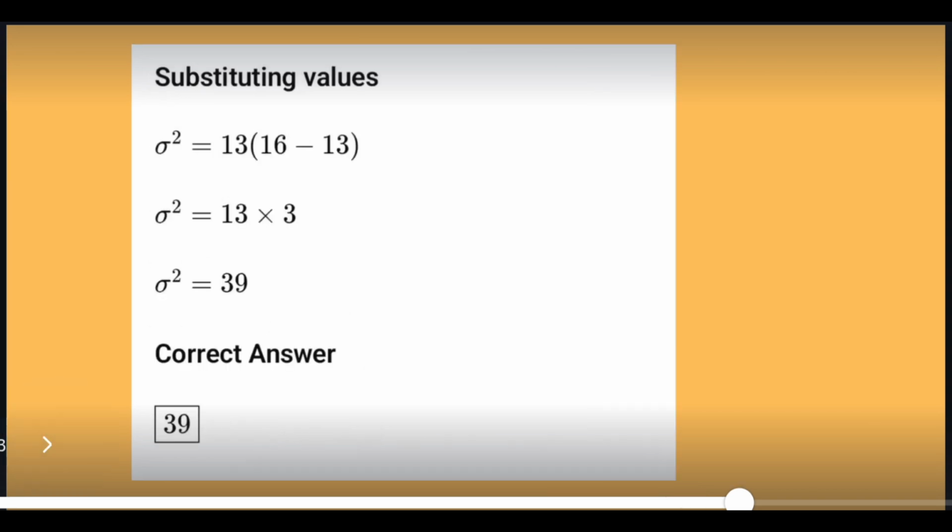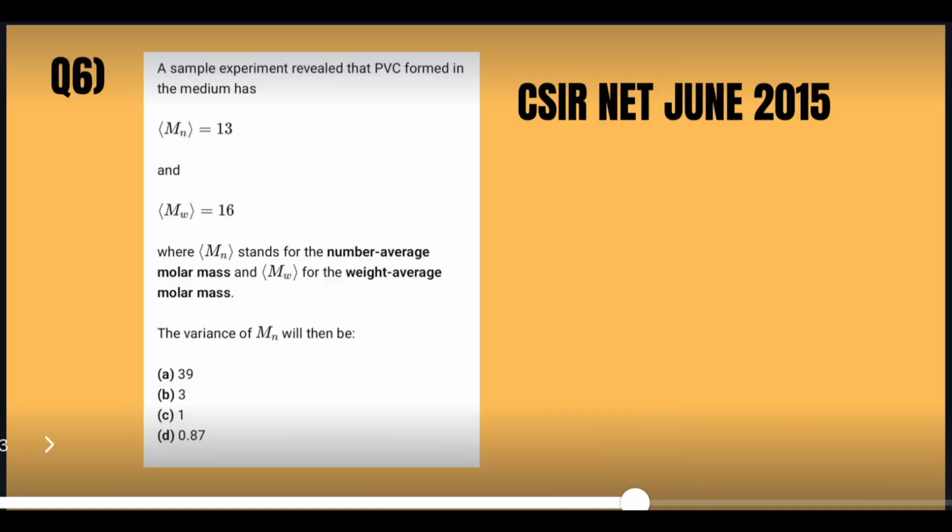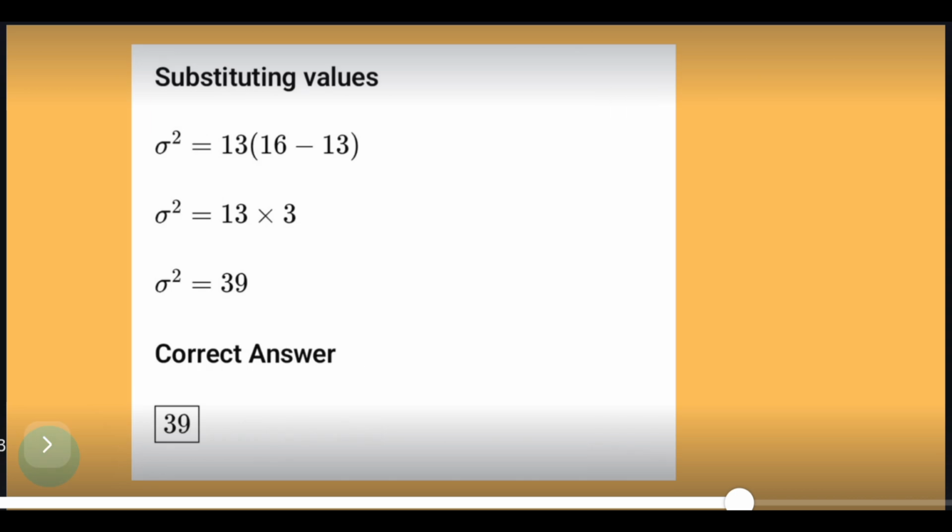Now substituting the values, sigma square is equal to 13 into 16 minus 13. So sigma square is equal to 13 into 3, so you will get 39. So the correct answer is 39. Option A is the correct one.